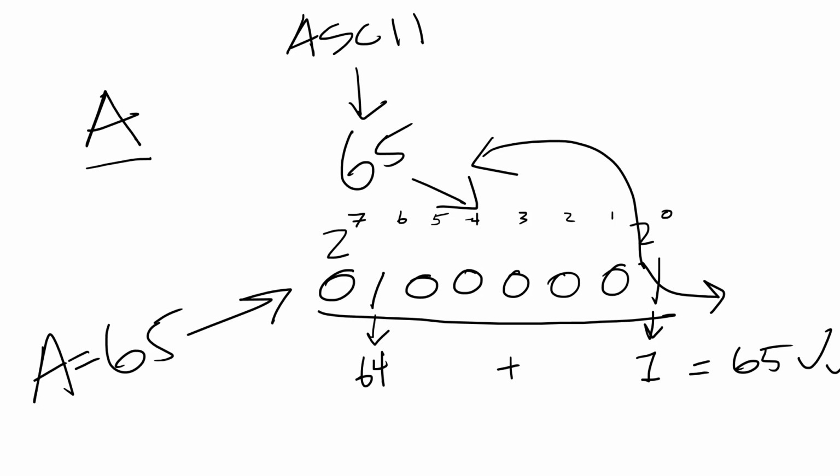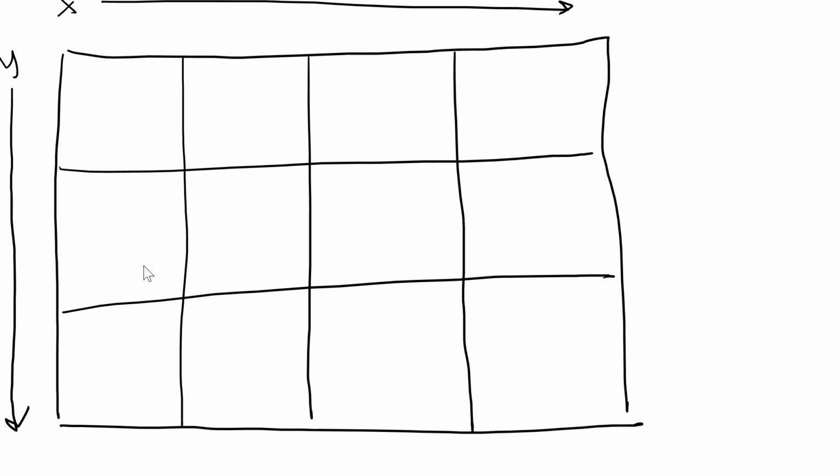Now, we also have an image. And let's say that this image is going to be 4 pixels in width and 3 pixels in height. So this is your X going to the right, and your Y going down to the bottom.